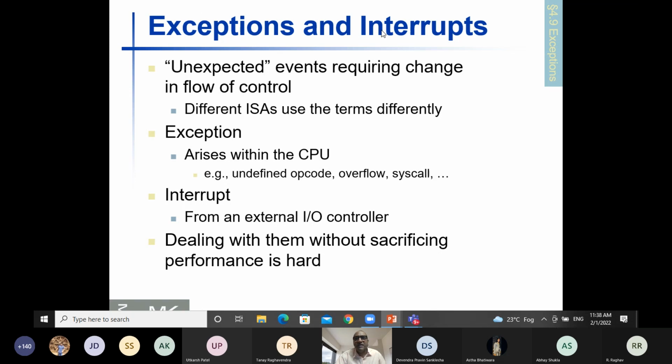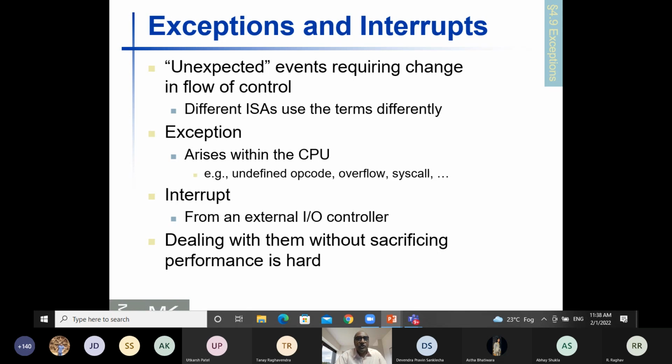Some designs use interrupts and exceptions for different causes. Usually, exceptions are unexpected events that happen within the processor while executing the program, because of the running of the program.